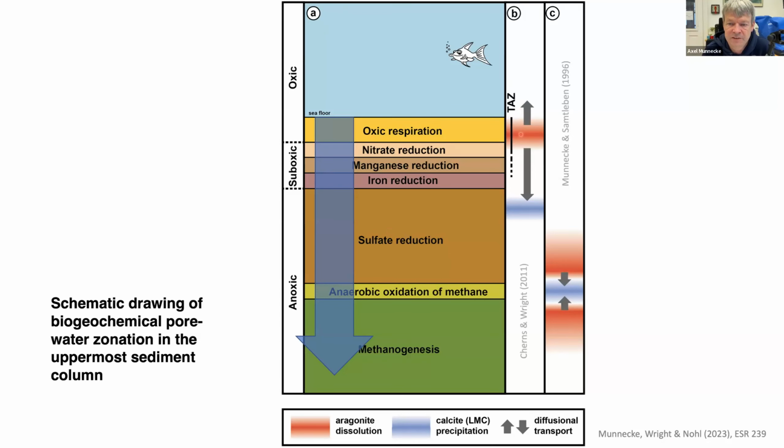This is the idea that Paul and Leslie favor: dissolution in the taphonomically active zone, with a very strong loss of most of the dissolved aragonite, and part of the aragonite is precipitated in the sulfate reduction zone, probably in the upper part. This is the idea that Teresa and myself favor: precipitation in the AOM zone and dissolution above and below. But honestly, this has never been observed in flagranti. This is just based on interpretation of fossil carbonates.